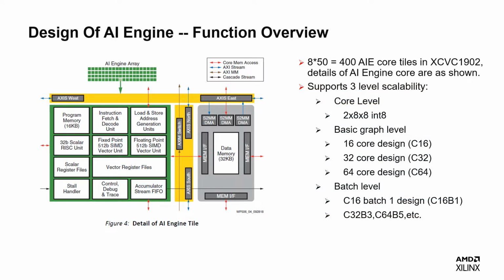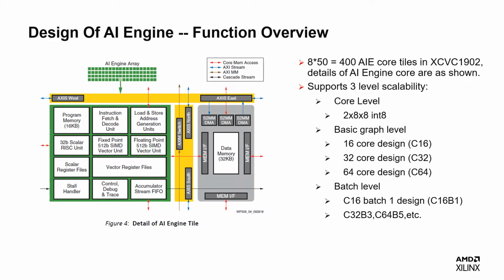There are 400 AIE cores in VC1902, 8 rows by 50 columns. Our design goal is to make the accelerator as scalable as possible to be adaptive to different CNN models. The scalability has 3 levels: core level, basic graph level, and the batch level. At the core level, we use AIE to do the convolution and some of the nonlinear functions.